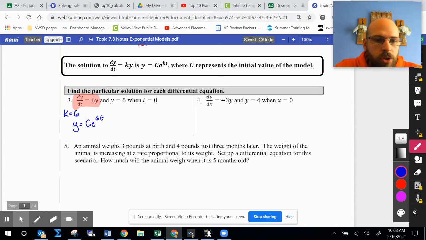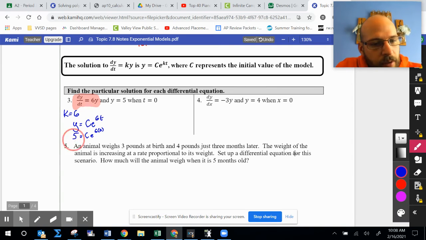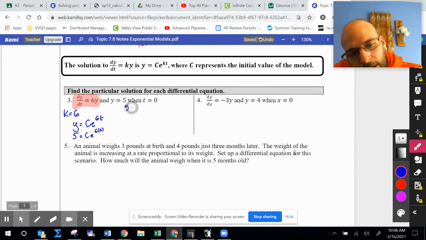Now I'm just going to plug in my information to find c. Now t is 0. So I have ce to the 6 times 0, and that has to equal 5. So I get 5 equals c times 1, or in this case, c just is 5. So my function has to be y equals 5e to the 6t.